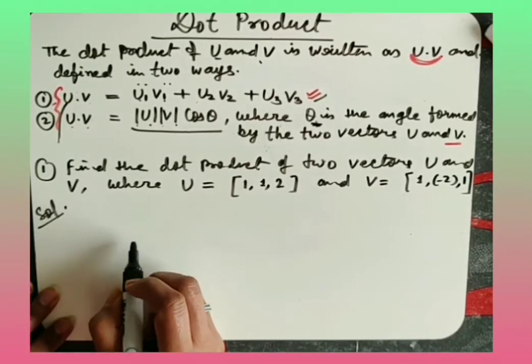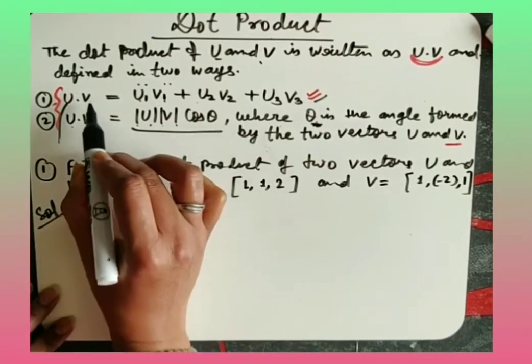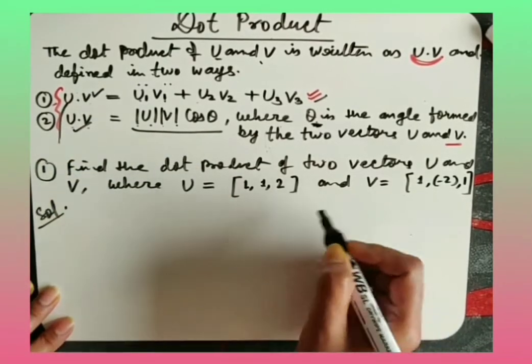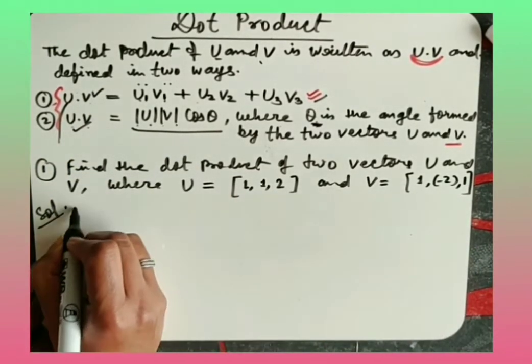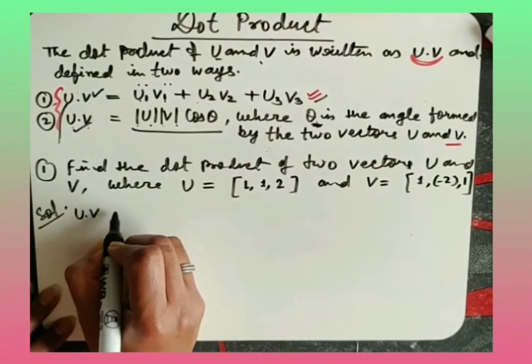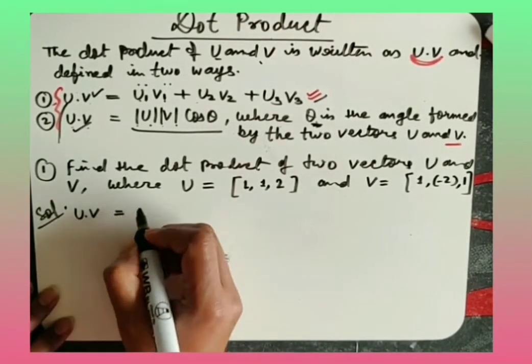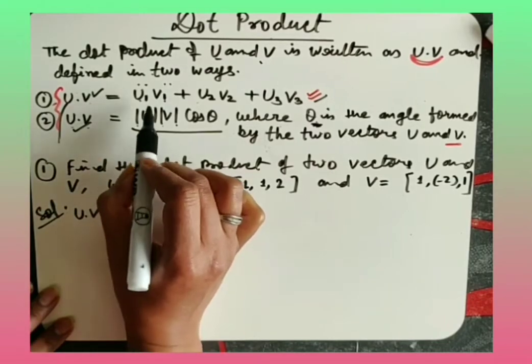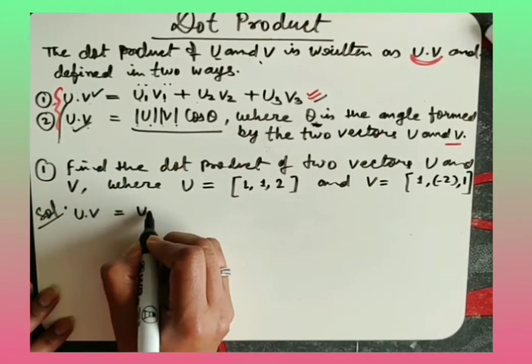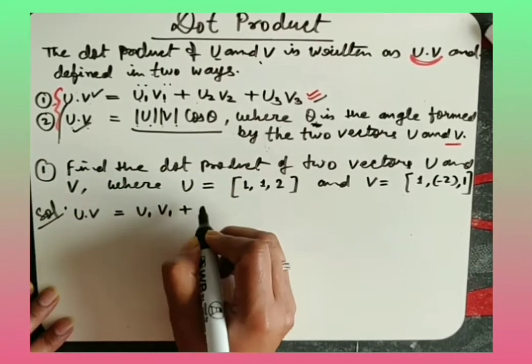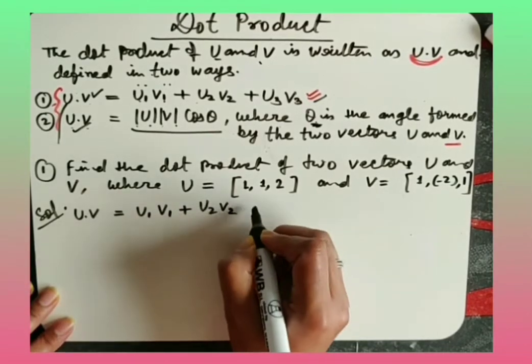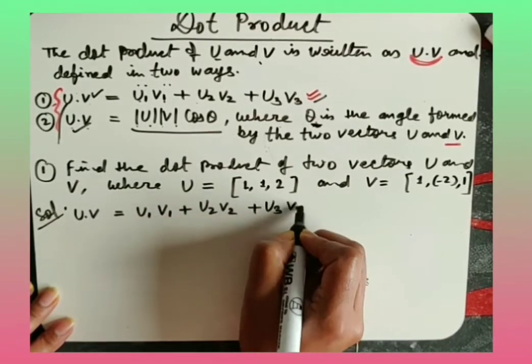So what we will do here, we will use both methods and see how to do that. First, u dot v equals, writing the formula again, u1 v1 plus u2 v2 plus u3 v3.